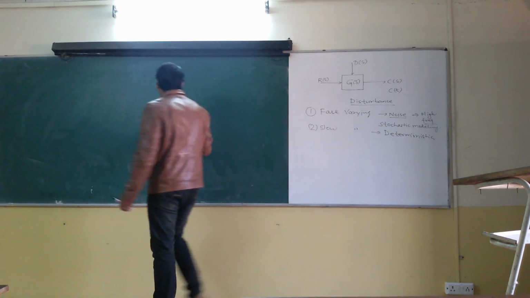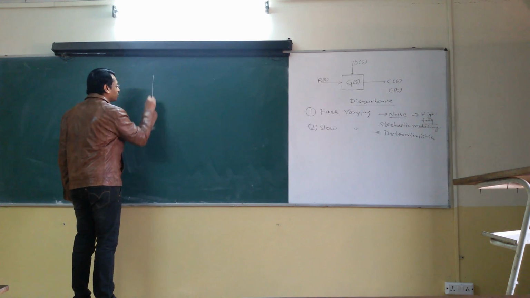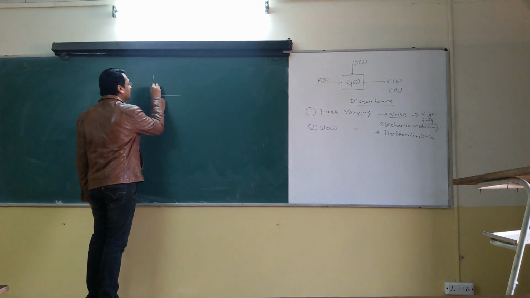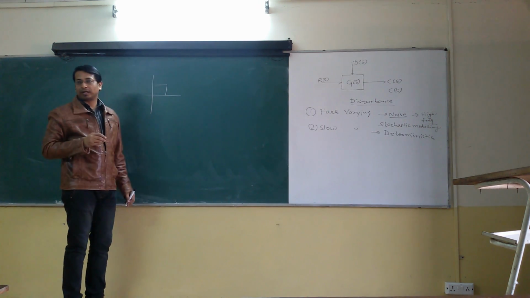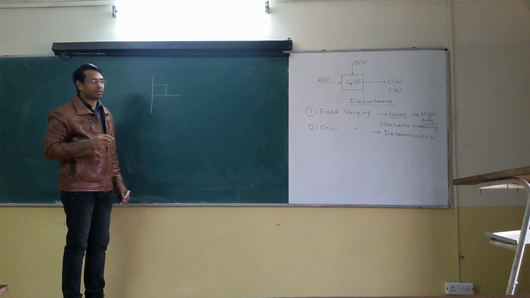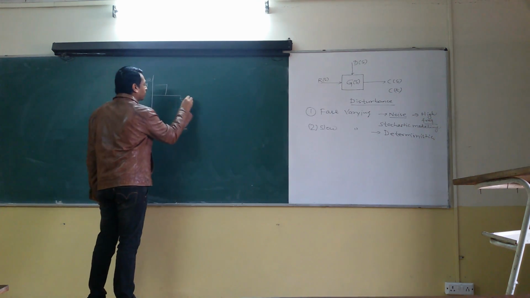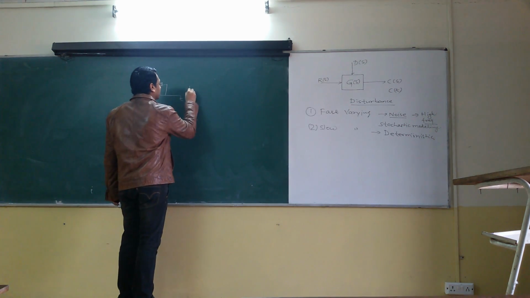Suppose a disturbance is of short duration and of limited time; you can model it properly with the help of a pulse signal. So a disturbance of short duration is a pulse.